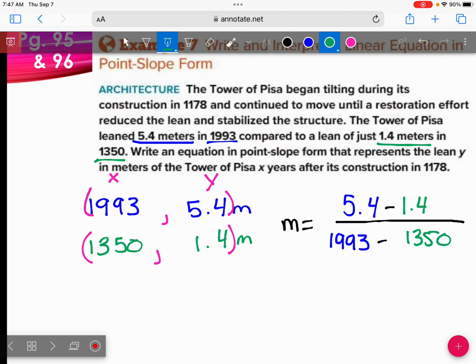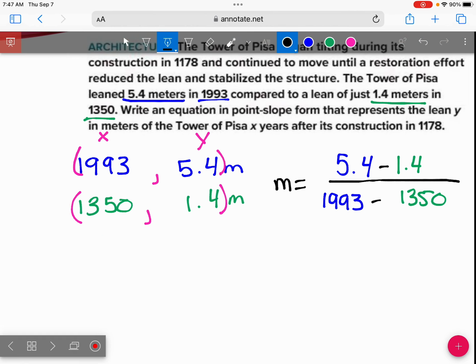And that's going to give us our slope of how much it is changing. Remember, the change in the lean per year. Change per year. So we're going to do that.